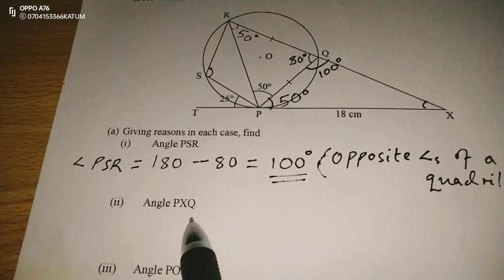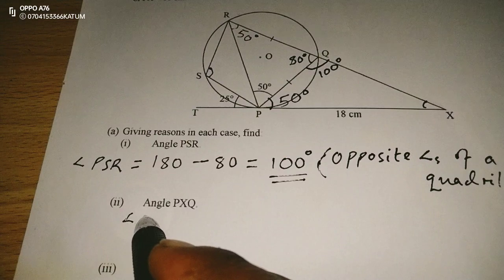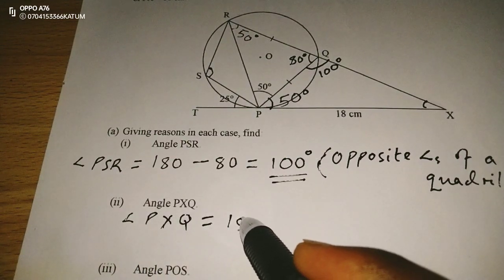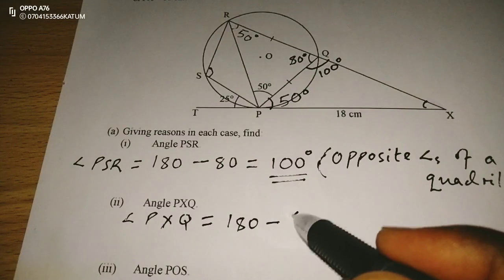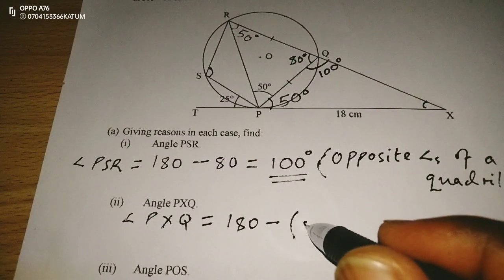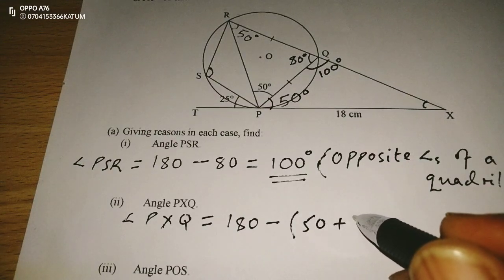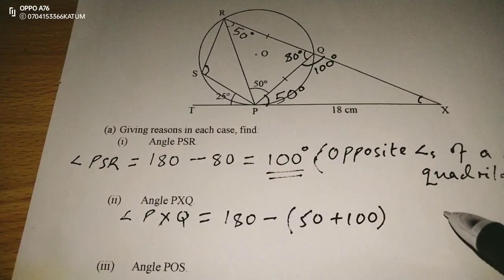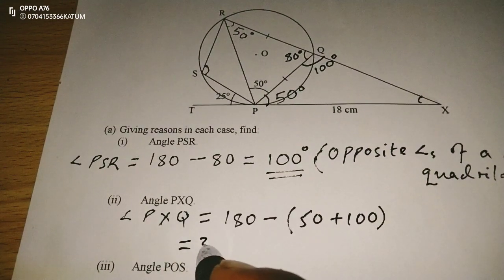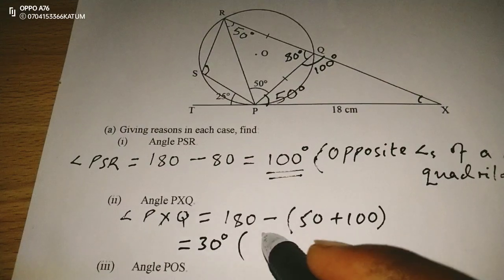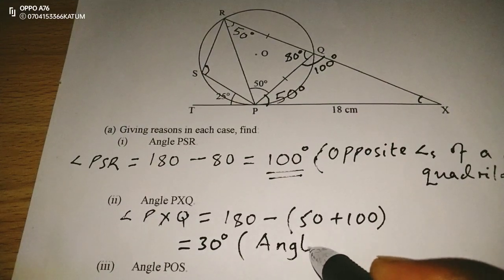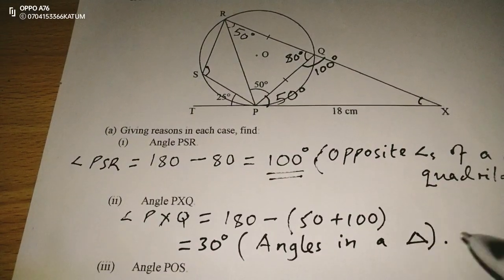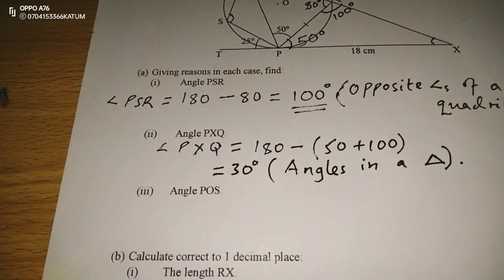Therefore, to get angle PXQ, we take 180 and subtract the summation of 50 and 100. This gives us 150. So 180 minus 150 gives us exactly 30 degrees. This is angles in a triangle. Angles in a triangle add up to 180.